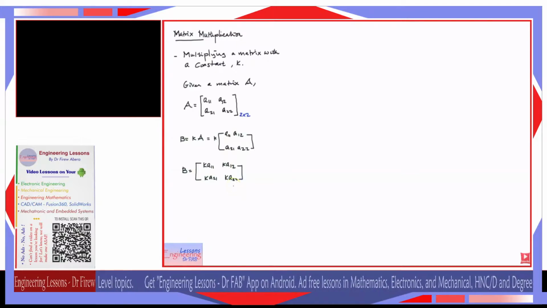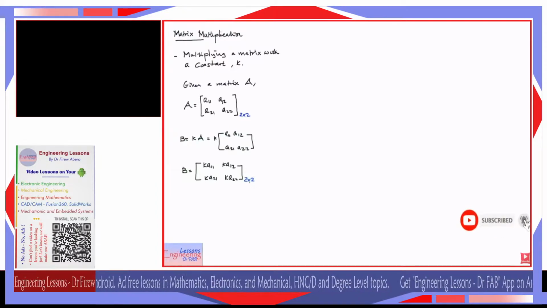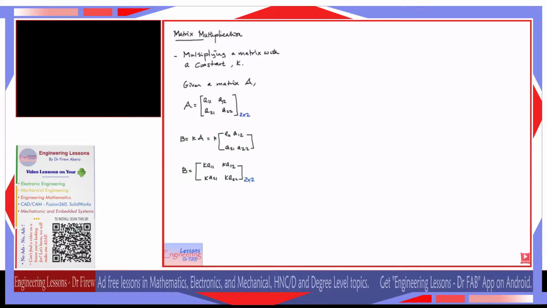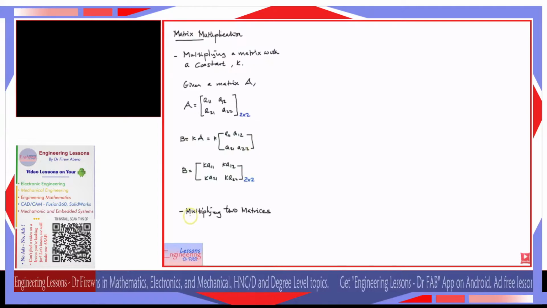This is just a new matrix produced by multiplying a constant number K with matrix A. As you can see, the dimension of the new matrix B itself is 2 by 2.